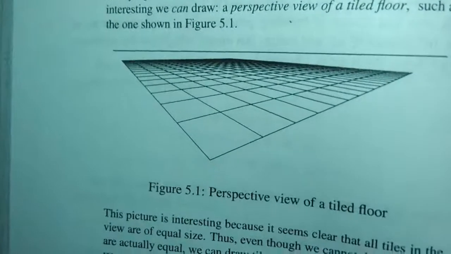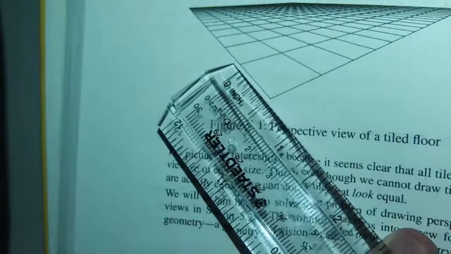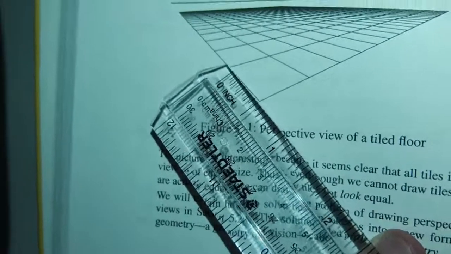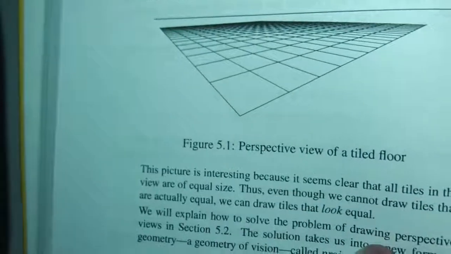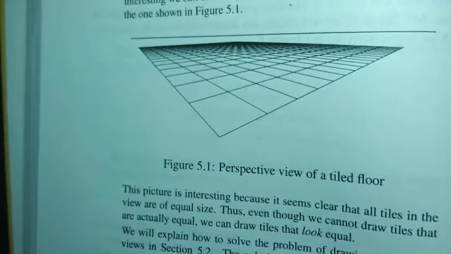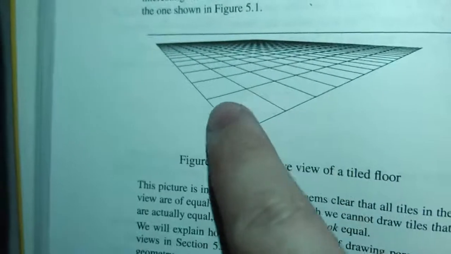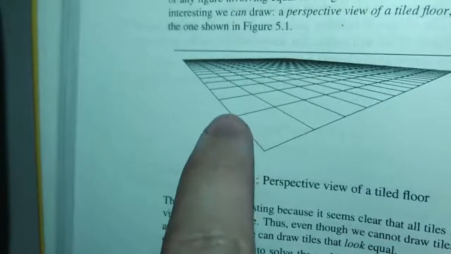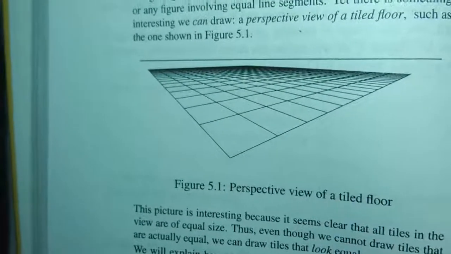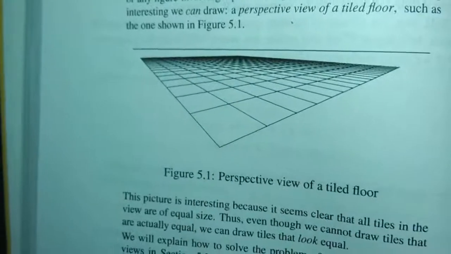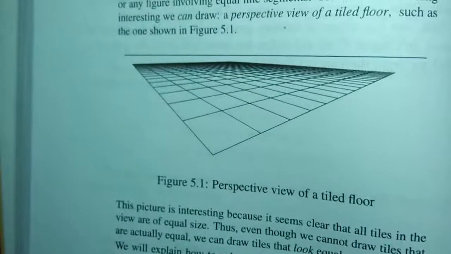Because think about it. If we actually measured these things, of course they're not the same size. I tried to measure, and this tile as drawn looks like this, and this tile, of course, is much smaller. And yet, the way that we see it, this tile, which is clearly bigger in an absolute sense than the ones next to it, looks equal. These tiles look like they are the same size.